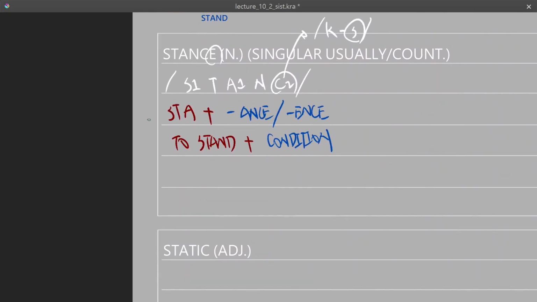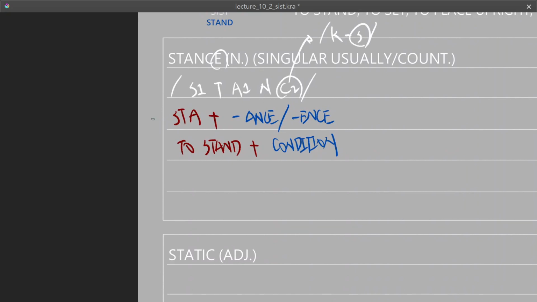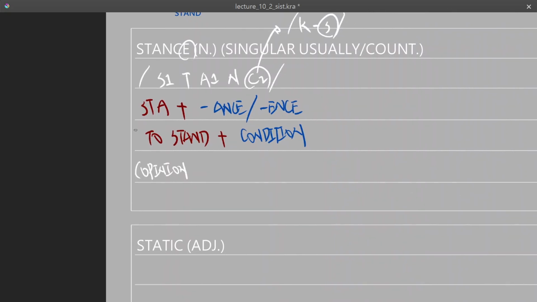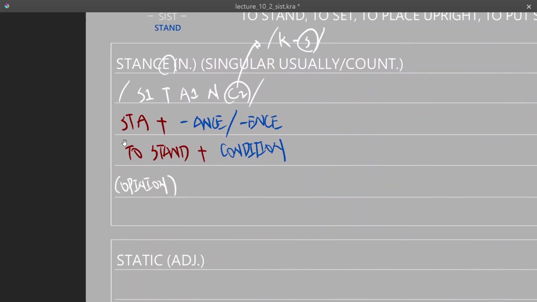Stance is used to describe someone's opinion.